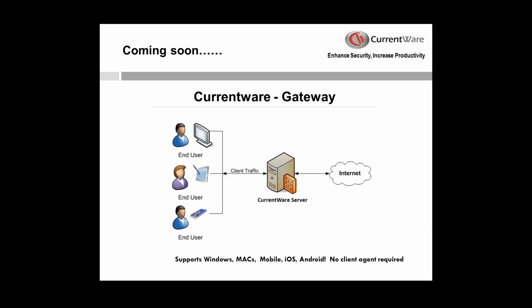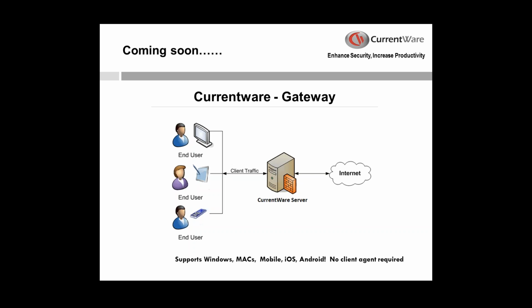However, in the spring, there will be a new product release called the CurrentWare Gateway. The CurrentWare Gateway is software-based. It's not a hardware device like many gateway filters are. It will support Windows, Mac, and mobile devices, iOS and Android, and it does not require a client agent. There are benefits to having a client agent the way CurrentWare works now.